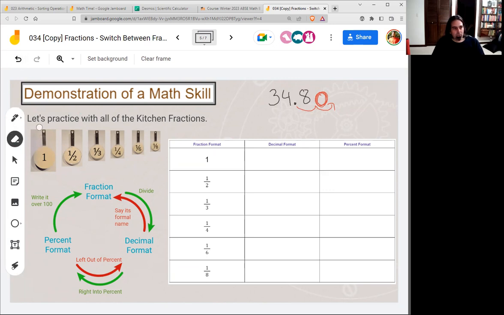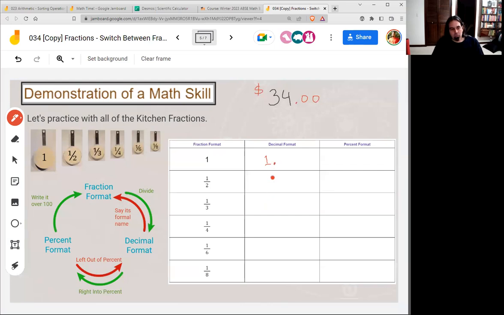You're also allowed to write a decimal point next to a whole number, like 34 is the same as 34.00. They both mean I have $34 and no change. So if I wanted, I could write a 1 like that. That still counts as decimal format.